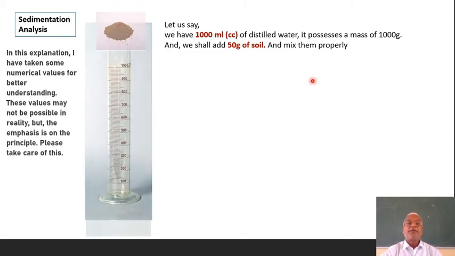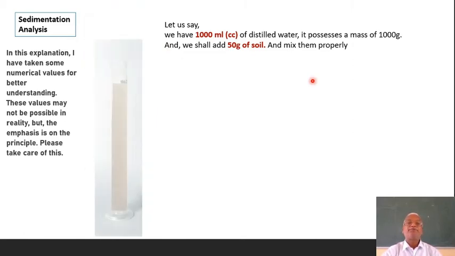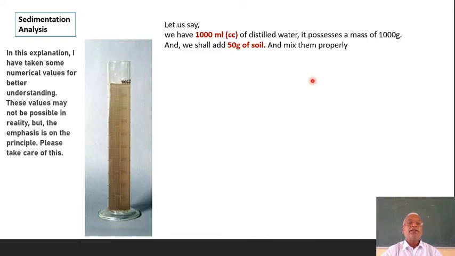Let us say that it is mixed properly, and then once you keep it, you should not touch it in between for hours because the readings are being taken for many hours. So you should not touch or displace or move this one. You should just place it and then take the readings with the hydrometer.